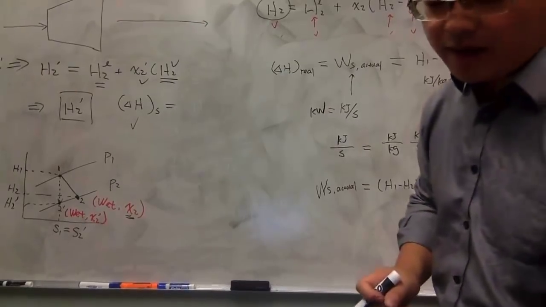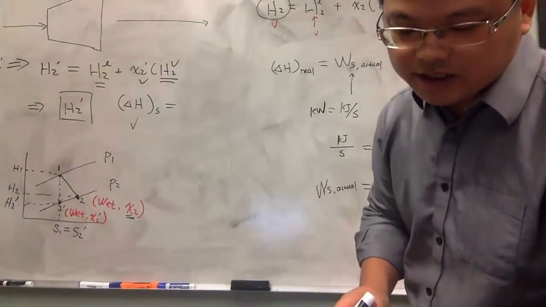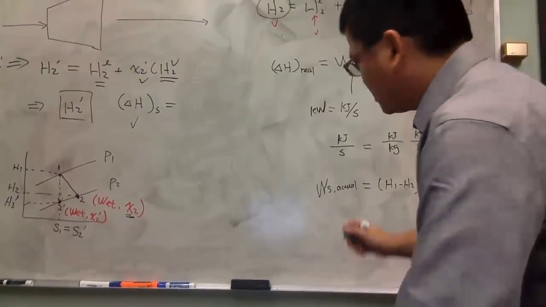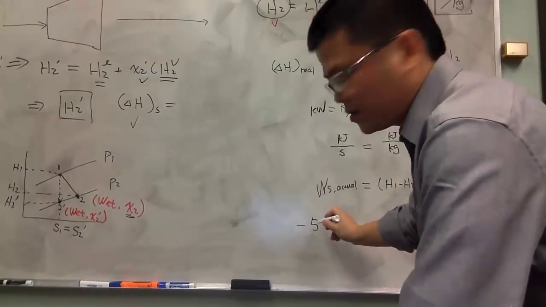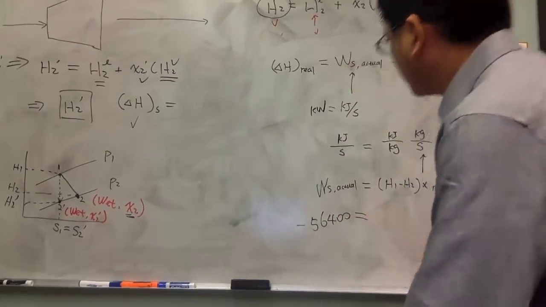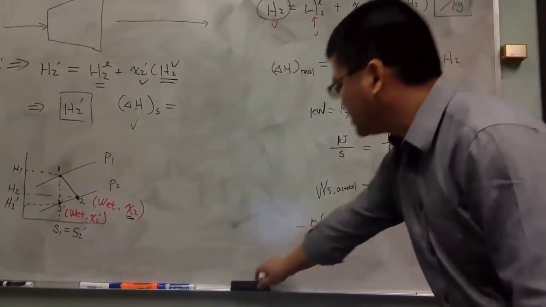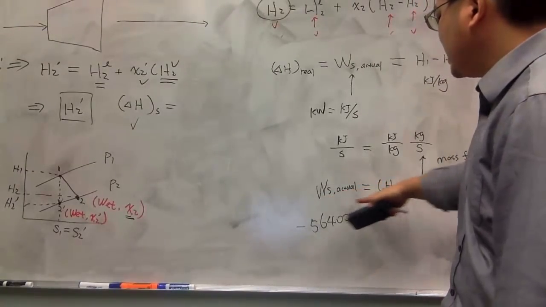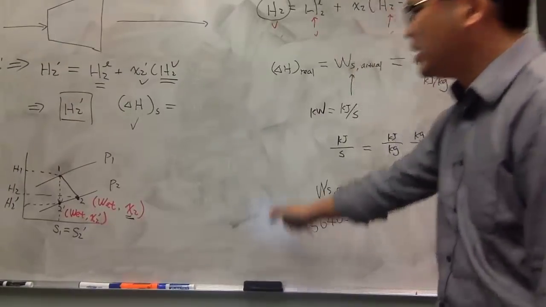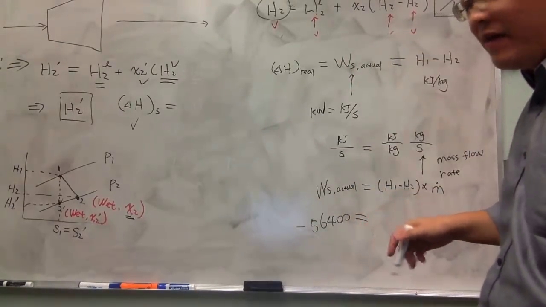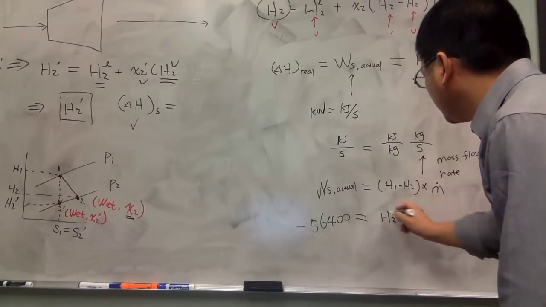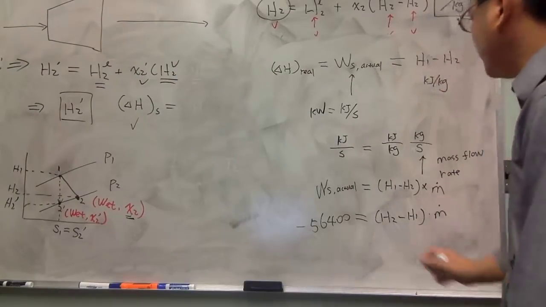So this is why I'm having on slide 17 the calculation. Or I can take this as a positive because we are looking at the actual numerical value. If I use minus, then I stick with the sign definition. That would be H2 final minus initial times mass flow rate.